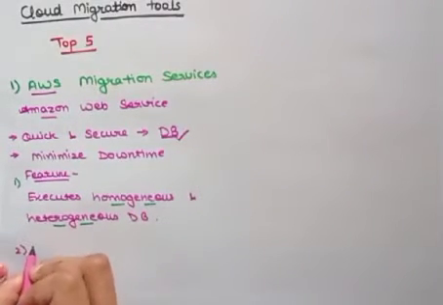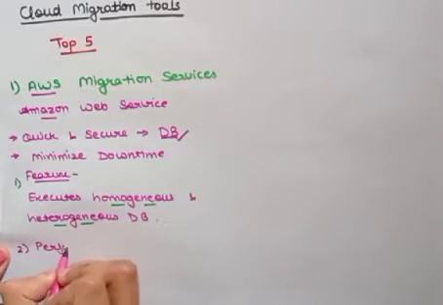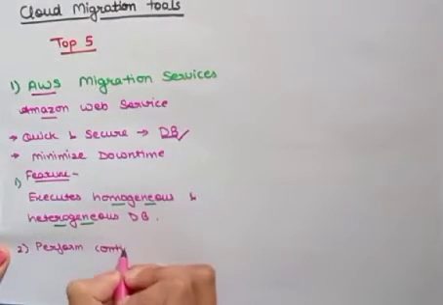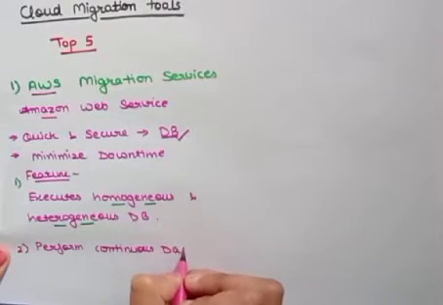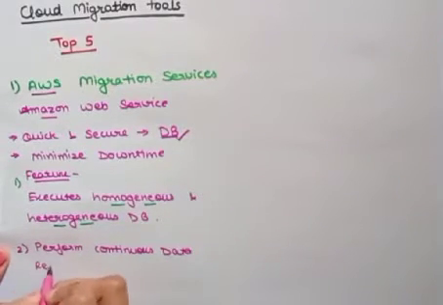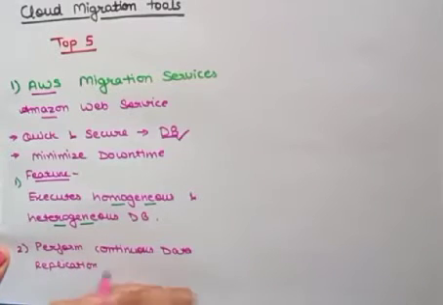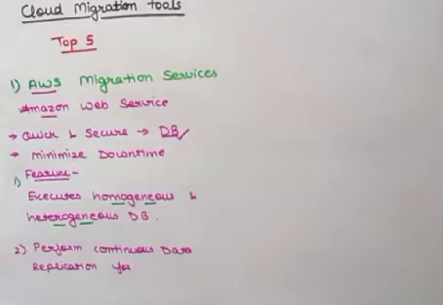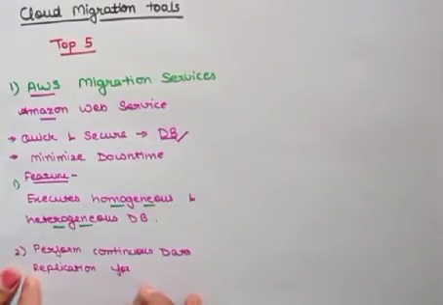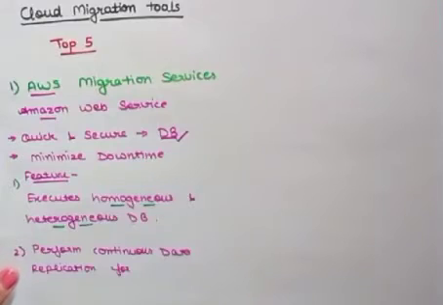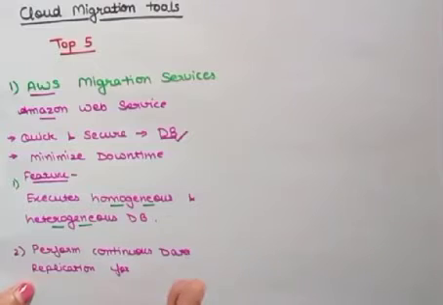Second feature is it performs continuous data replication for multiple use cases. That means for multiple data use cases we can use this migration service, and it can also migrate data into and out of the cloud for development reasons, and this is done only according to the user's requirement, right? So this is about AWS migration services.